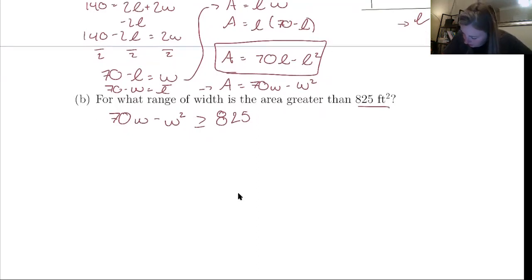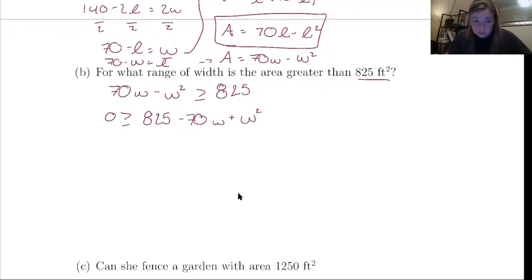This was on your exam. We want to find when 0 is less than W squared minus 70W plus 825, just moving everything over.